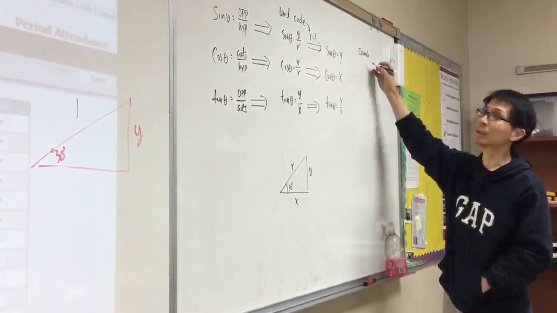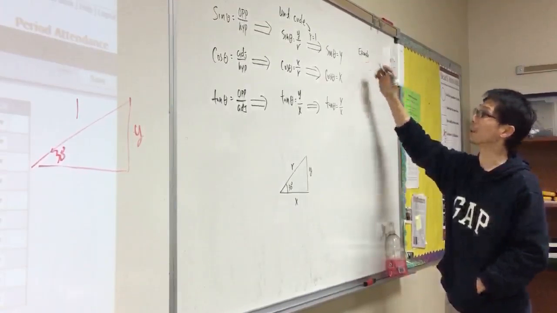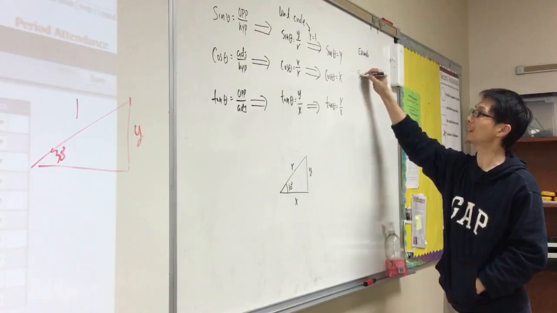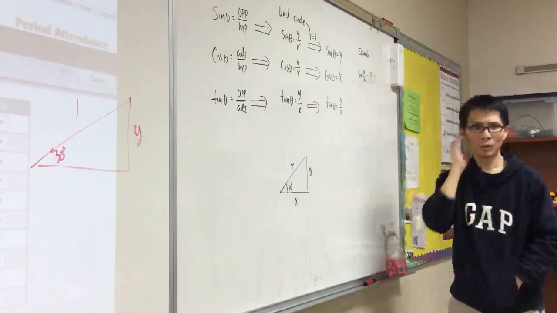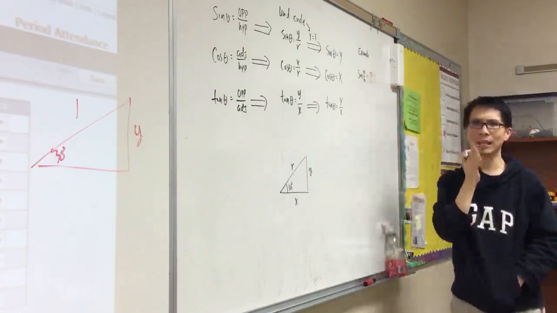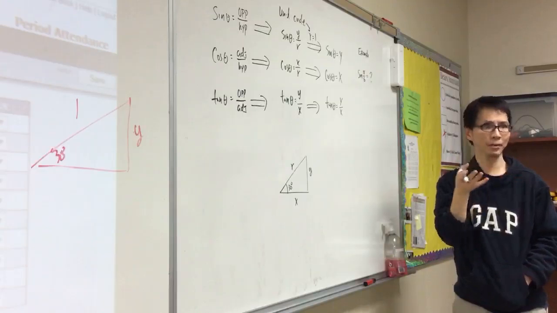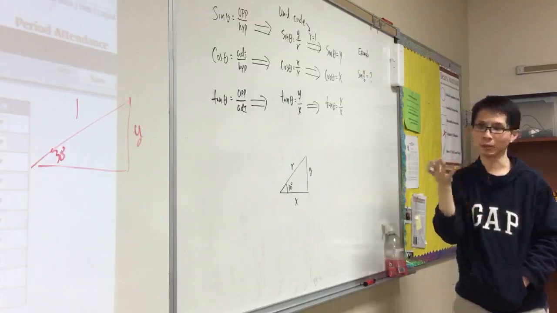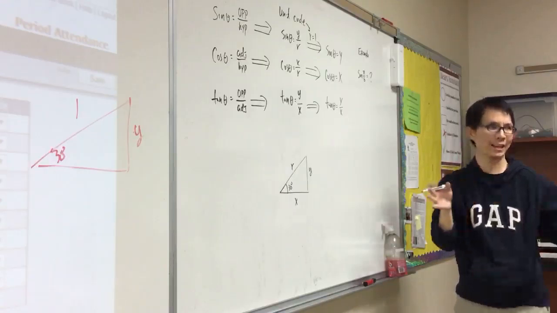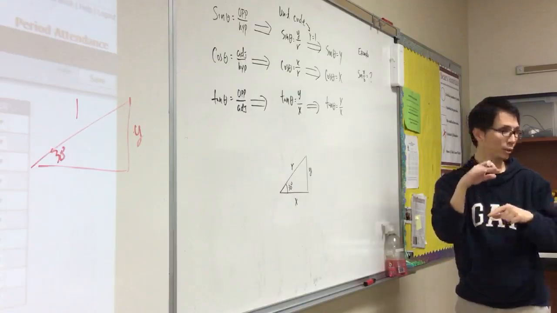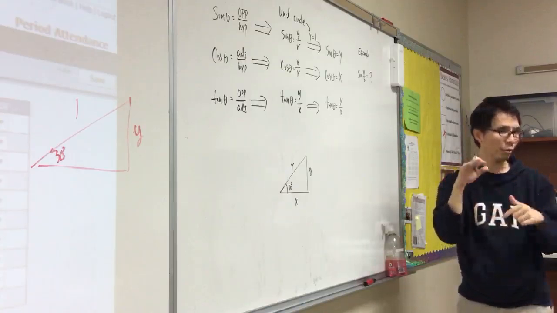So example is gonna be, what is sine of pi over 6? Well, 30 degrees is pi over 6, right? Then you say, well, that seems like it's a fat and short triangle.